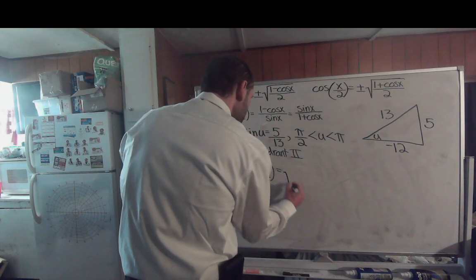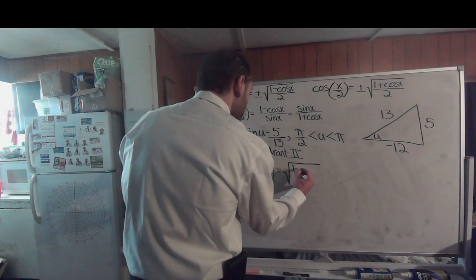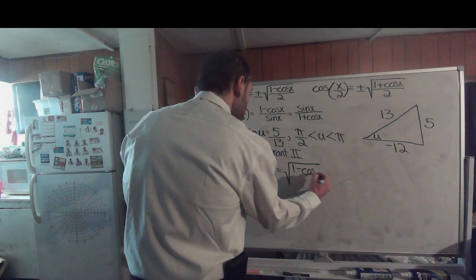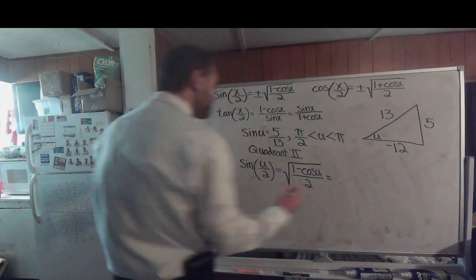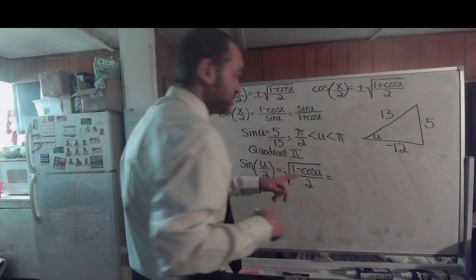So this would end up being the square root of 1 minus the cosine of u, all that divided by 2. Now, what is that cosine of u?